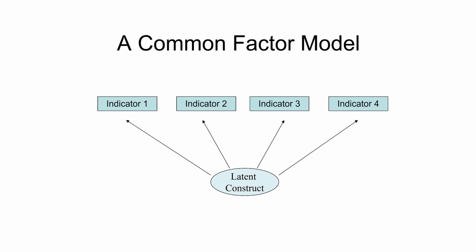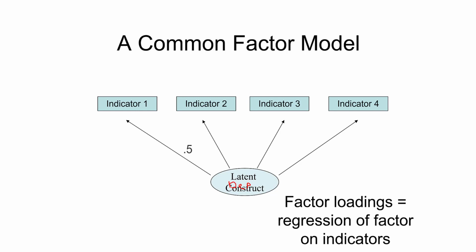And we have a latent construct, maybe it's that depression that I've been mentioning, and this latent construct of depression is indicated by these four different variables. And when we do this, we get these factor loadings, and these are indicative of how much each one of these variables is related to this latent construct of depression.